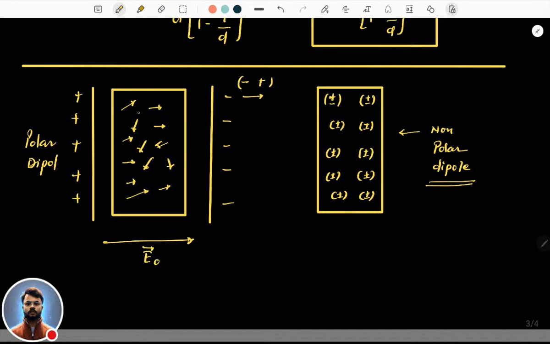As we know, the dipole moves itself in the direction of the electric field, so the dipole is aligned in the direction of the external electric field. So now all these dipoles will move in this way. So now they have a uniform direction.